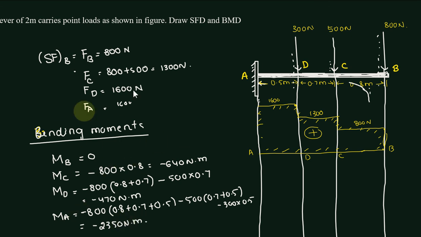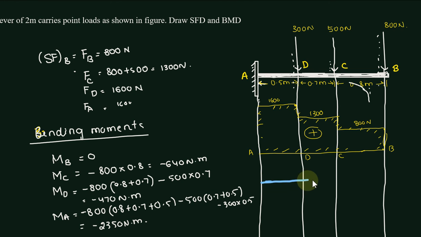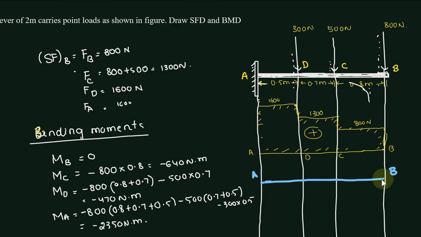So we have now calculated the bending moments. Let us try to draw the bending moment diagram. Here we will get negative bending moment. Let me draw the reference line here, A, B. If you draw, the bending moment at B is 0, and the bending moment at C is minus 640.